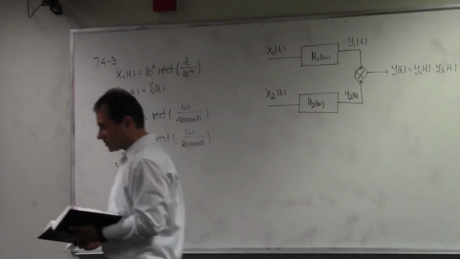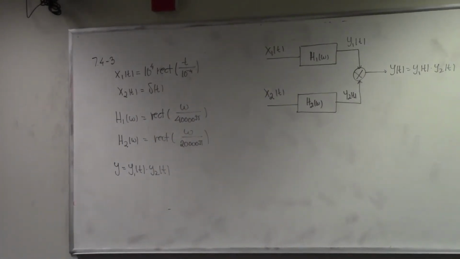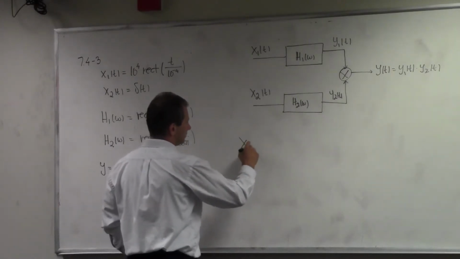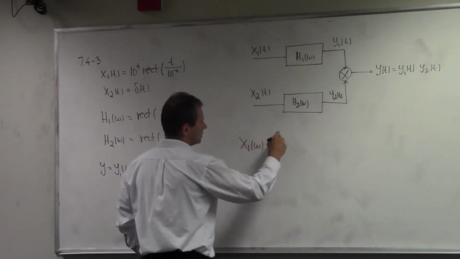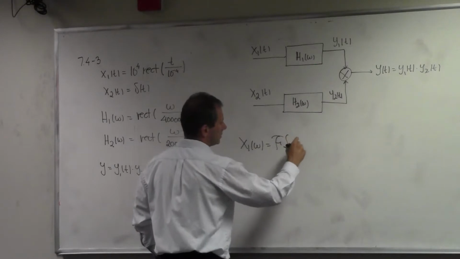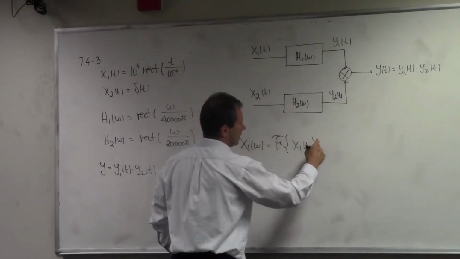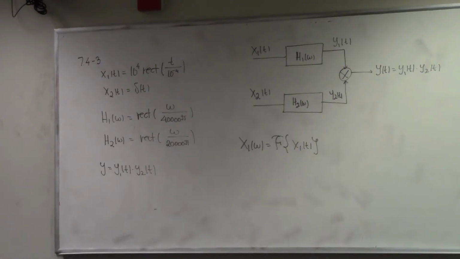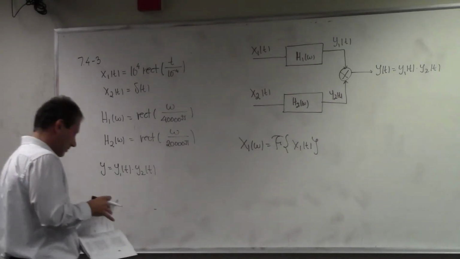First thing, sketch X1 of omega and X2 of omega. X1 of omega is the Fourier transform of x1 of t. Now, we have in the blue tab here the Fourier transform from the table.